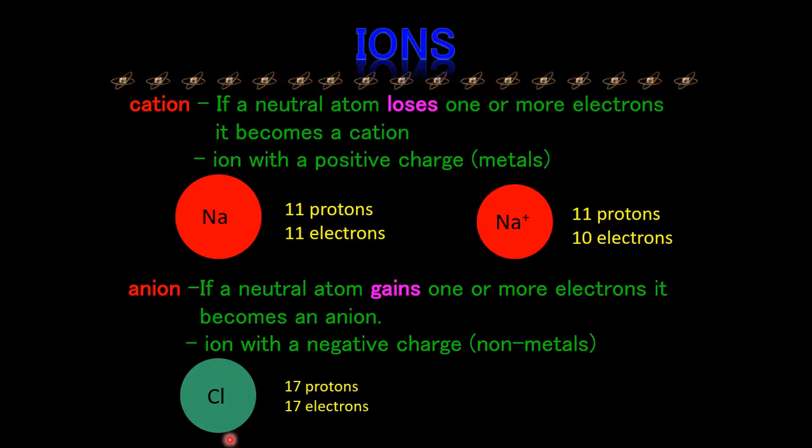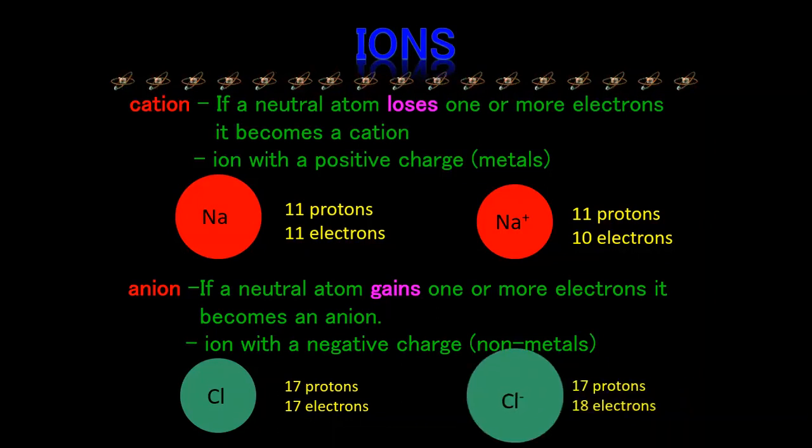It has 17 protons and 17 electrons. When it gains one electron, it will become a chlorine ion, or Cl negative. Negative charge because it has more electrons than protons. All right, understand?